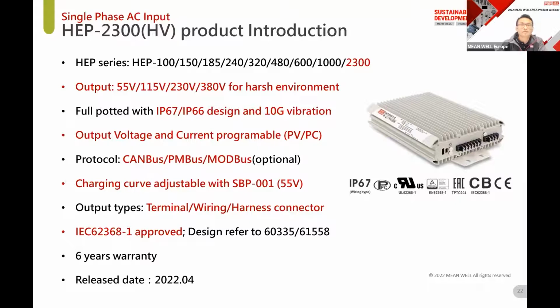Furthermore, the HEP 55 version has an optional function for charging purposes. The charging curve can be set to 2-stage or 3-stage freely by the SBP programmer. If you prefer HEP delivered with a customized charging curve, you are welcome to contact our sales for this kind of demand.